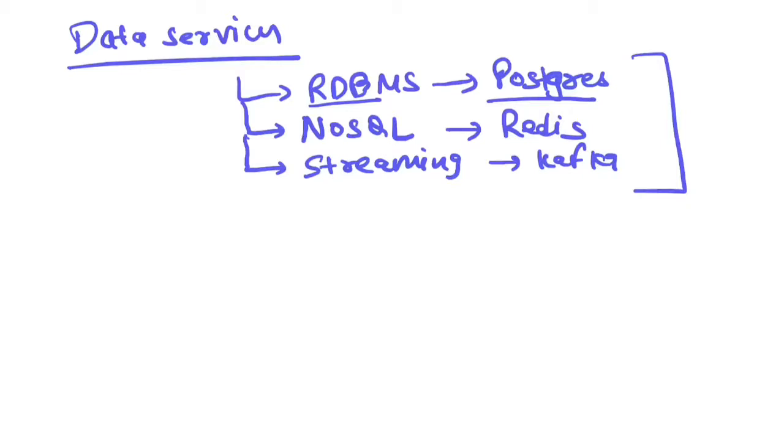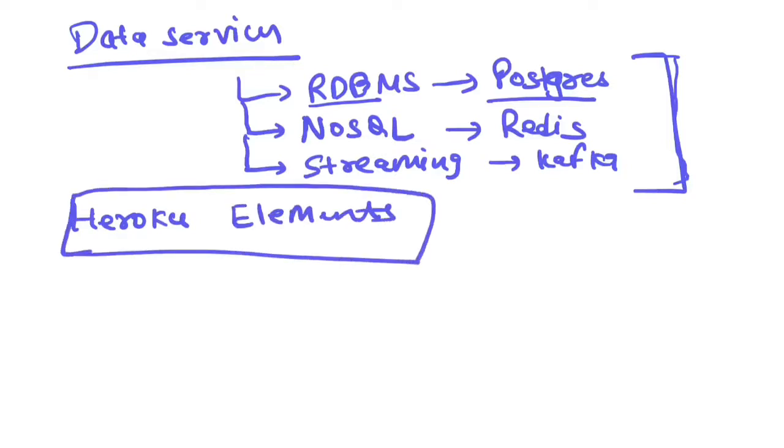And apart from that, let's say you need certain other apps, tools, or libraries on Heroku, which your app wants to use. So for that, Heroku offers another component which is called Heroku Elements. So Heroku Elements, you can think of it as a marketplace of different tools, apps, libraries, or scripts. You just need to pick and choose whatever you want for your app, and you can have it within your application deployment as part of PaaS infrastructure.